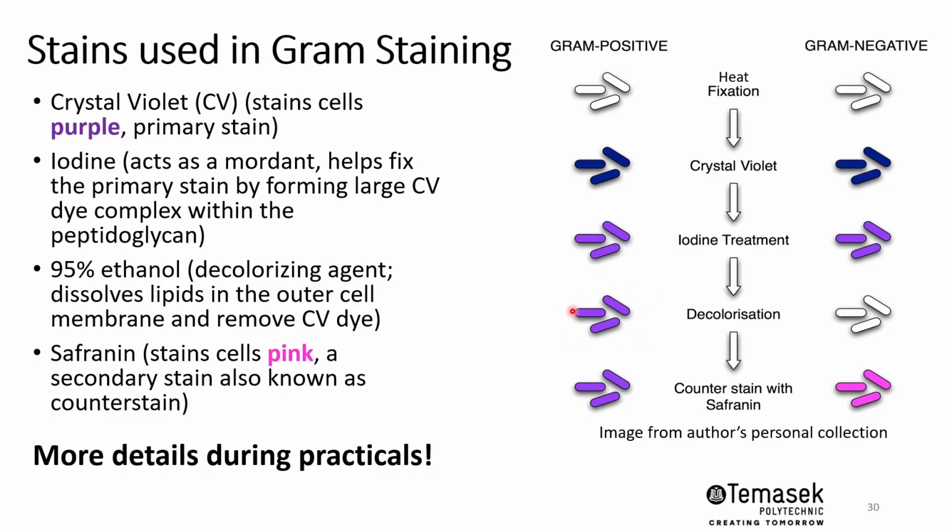So this allows you to differentiate between gram-positive and gram-negative, because gram-positive bacterial cells stain purple. The decolorized gram-negative bacterial cells readily take up the safranin stain as a counter stain, a secondary stain, and hence they will appear pink under the light microscope.